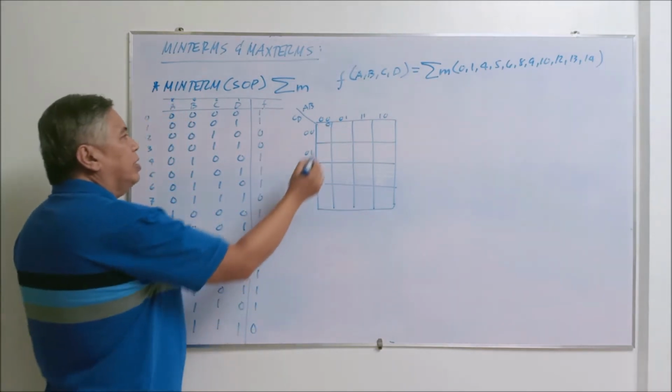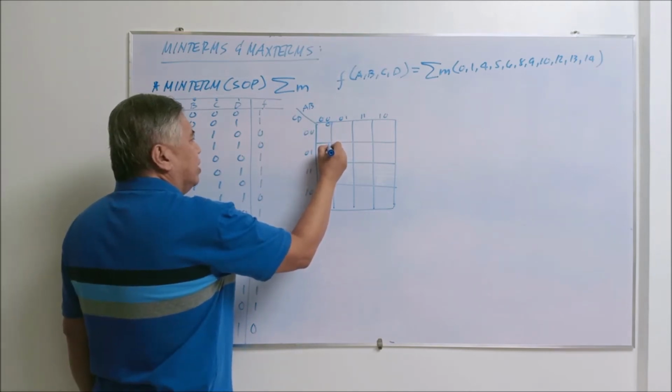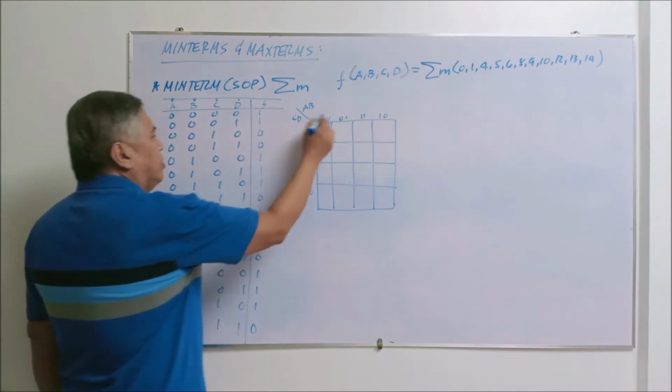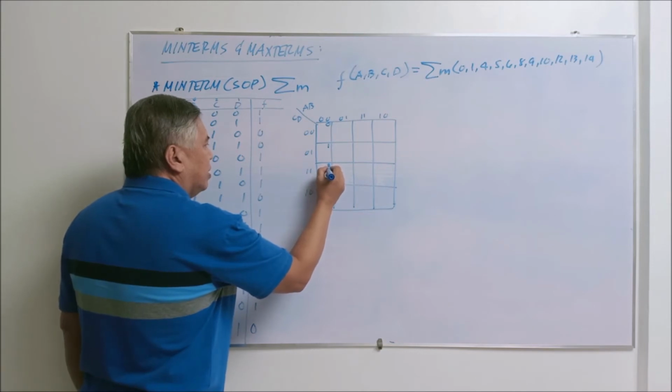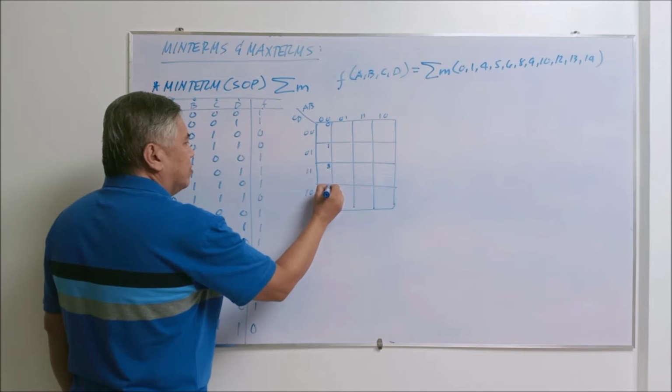Then 0, 0, 0, 1 is equivalent to 1 in decimal form. Then 0, 0, 1, 1 is 3, so this will be 3 here. And then 0, 0, 1, 0 is 2.